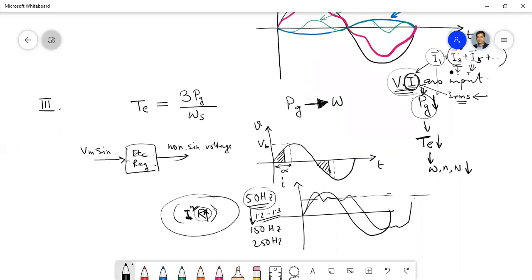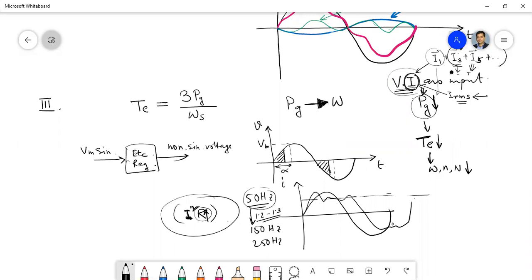When you know at the design stage that your motor will be used with power electronic drives, certainly there will be some harmonics. Then you have to take into consideration this elevated loss, some excess loss which will be there when the motor is used with power electronic drives.